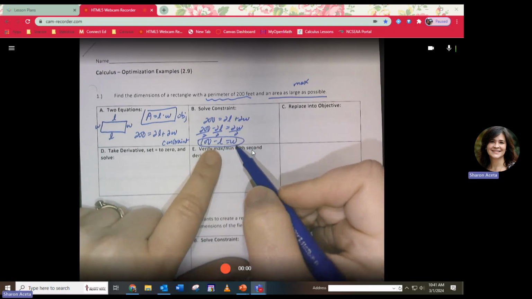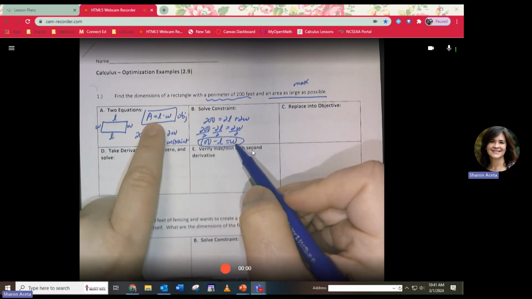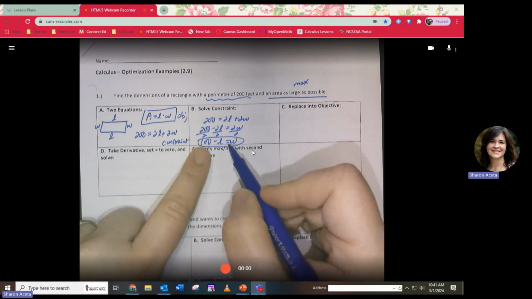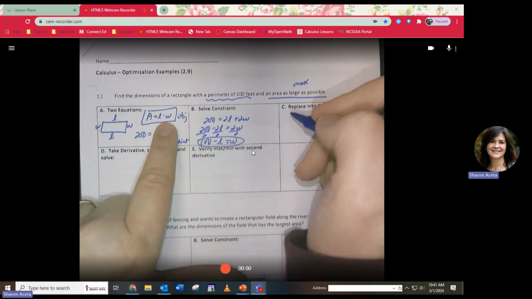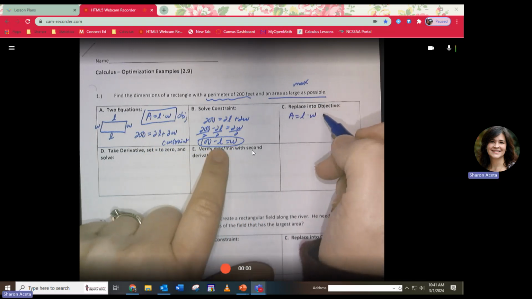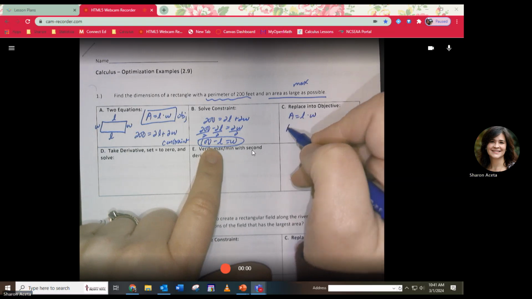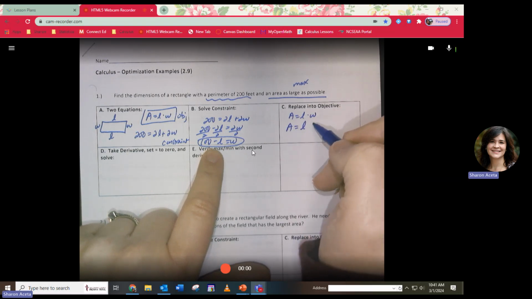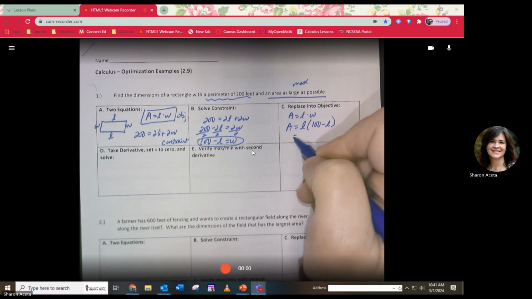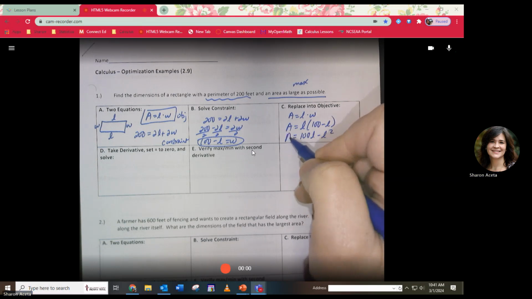Once you solve the constraint equation, you're going to plug it into the objective function. You have the objective function you started off with, and you replace that W with this expression 100 minus L. So L times 100 minus L, and you'll get 100L minus L squared.